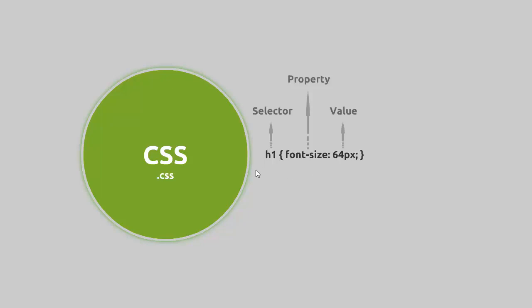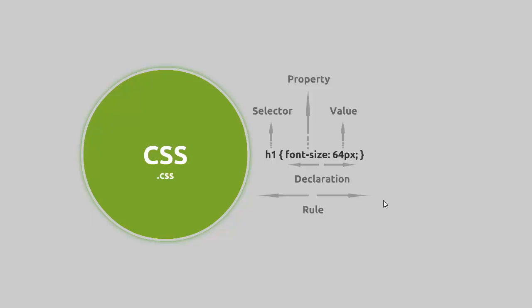The syntax here is the same for any CSS, although we could add multiple properties within our declaration brackets. The declaration brackets begin with an opening curly brace and end with a closing curly brace, and we can have multiple declarations within those, every declaration including a property name followed by a colon and then a value for that property, often with a unit of measure such as pixels or ems or percentages, and ending with a semicolon.